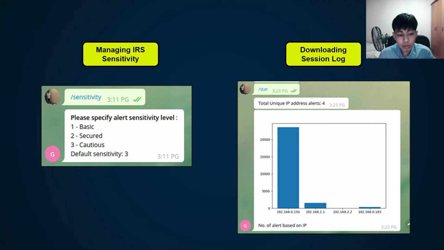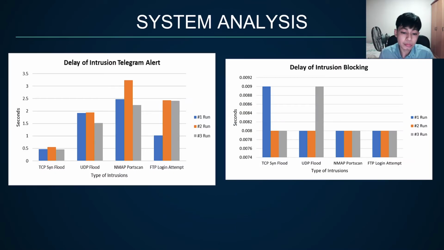But whenever the user selects the basic one, it only shows the critical ones, which will show only alerts that contain priority number 1, so it will ignore the others. And whenever the user is done with the session, they can download the session log using the stat. The stat will generate the list of IPs that have been found in intrusion attempts.